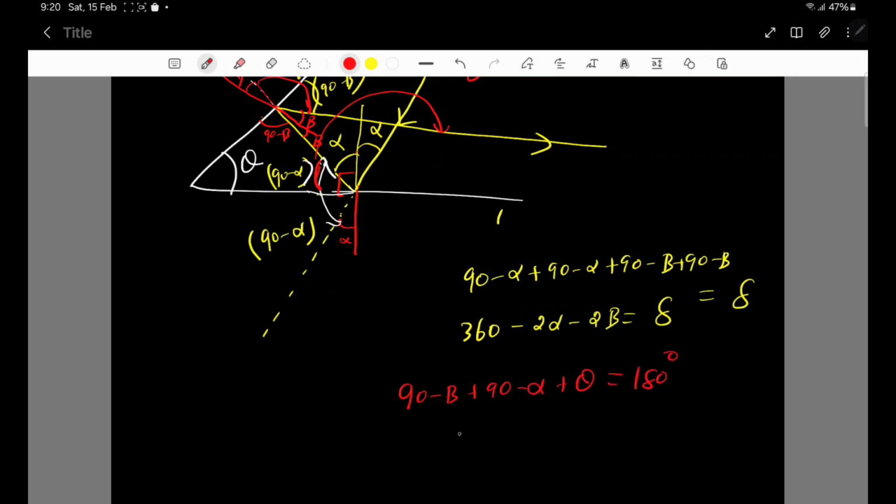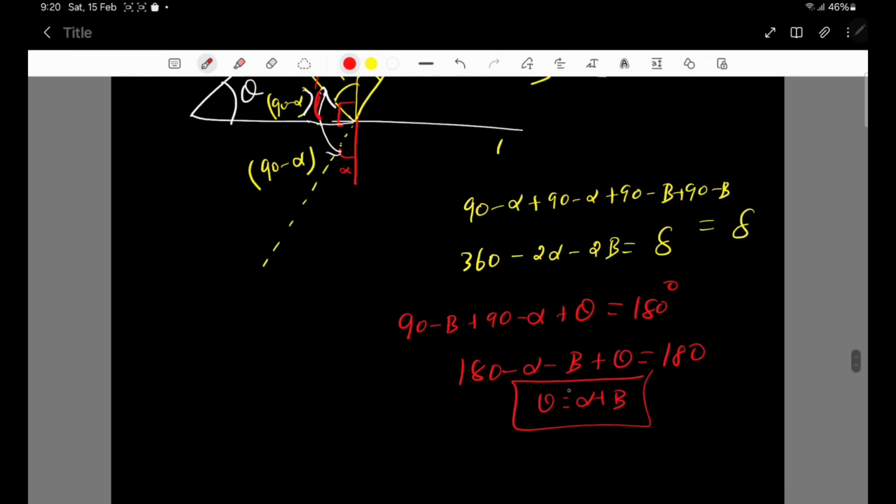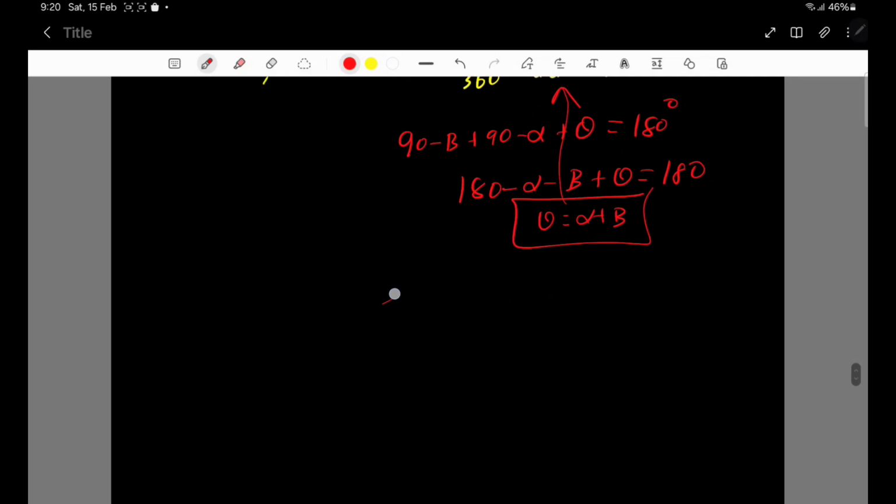We have learned that, right? So 180 minus alpha minus beta plus theta equals 180. I can very clearly say that 180 will be cancelled off, theta equals alpha plus beta. So if I substitute that over here, I will be getting what? The total deviation angle is equal to 360 minus 2 theta. It is going to be the answer then.